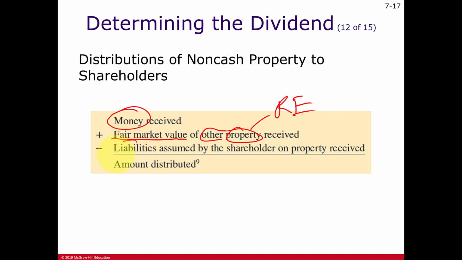So there could be a liability attached to it that the person receiving the property has to assume, or agrees to assume. If the person getting the property does assume the liability, the mortgage, you're going to reduce the amount of that distribution. So adding it all up, the money you got, plus the value of any other property you got, minus any liabilities attached and assumed by the shareholder, is going to equal the distribution, be it treated as a dividend or recovery of cost or excess capital gain.